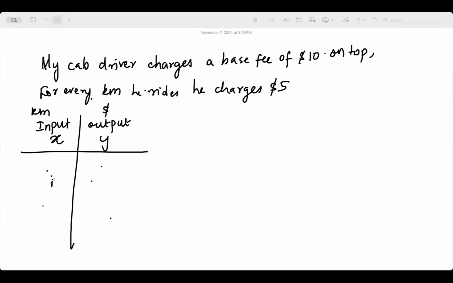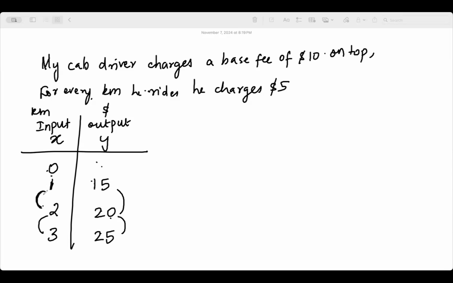If I ride 1 kilometer, how much is he going to charge? $15. If I ride 2 kilometers, $20. If I ride 3 kilometers, $25. So see, this changes by 5, this changes by 1. Can I write for 0?